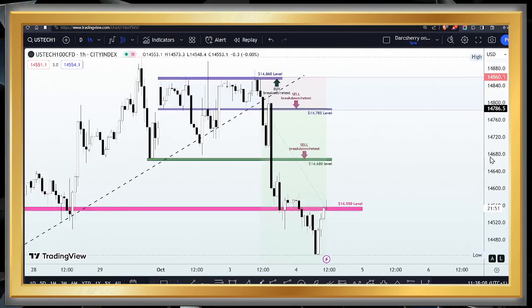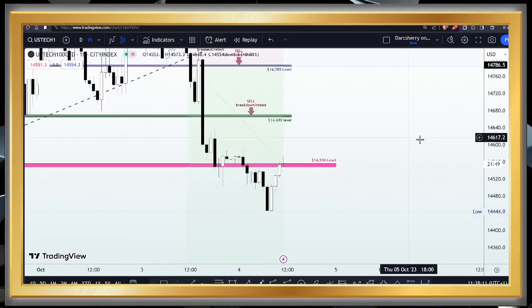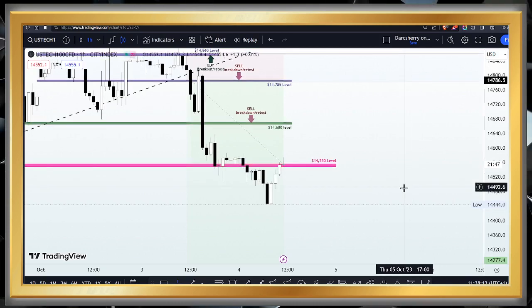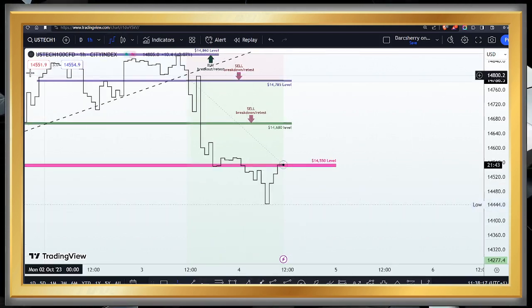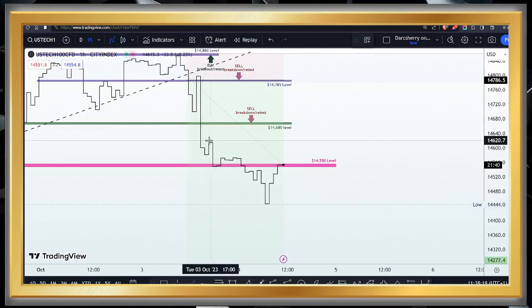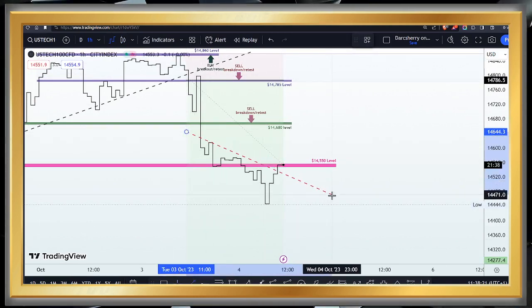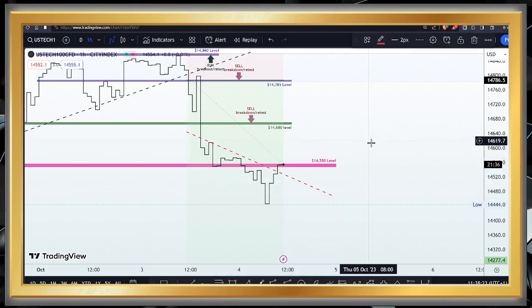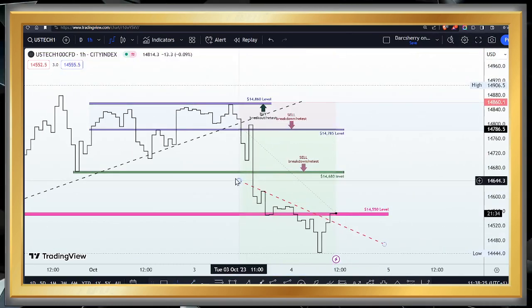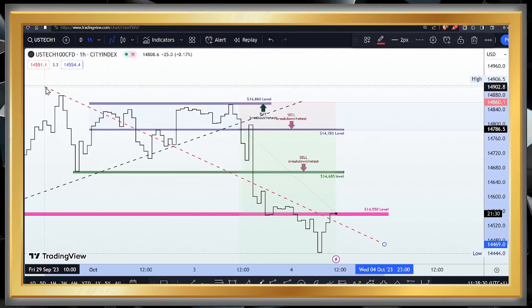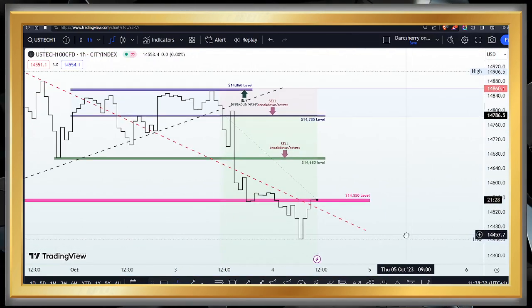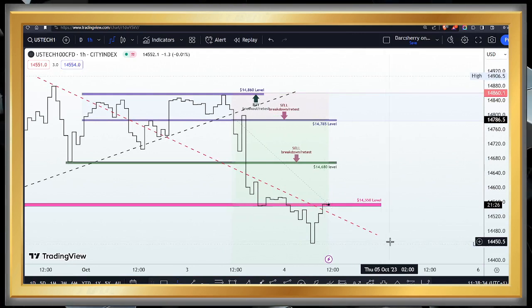So now, depending on what happens here, will determine what our next line of action will be. Now, one thing you will notice here, if we bring out our line chart, you will see that we have a descending trend line after connecting the series of lower highs. So give me a moment, let me do it appropriately so that we can mark it out on our chart, as we will be using it as a reference point to guide our independent trading decisions.